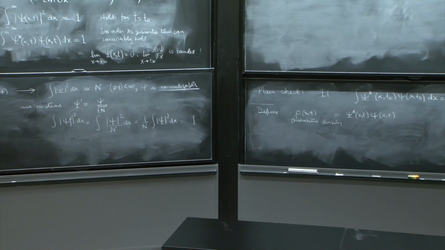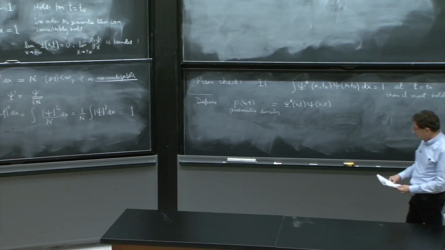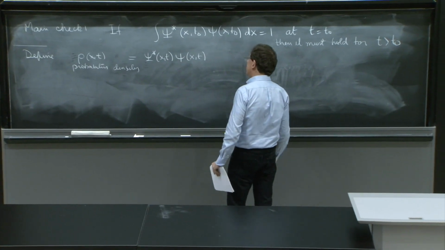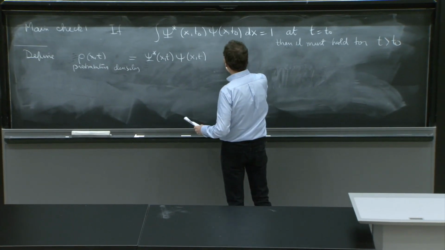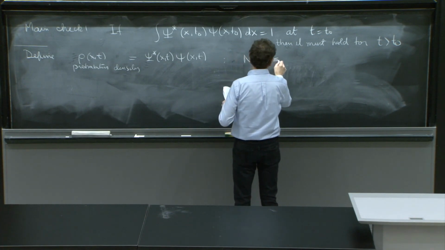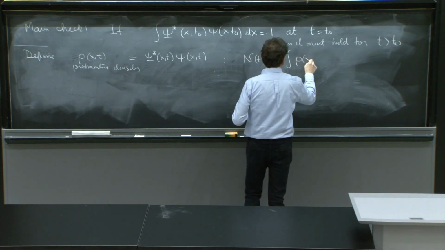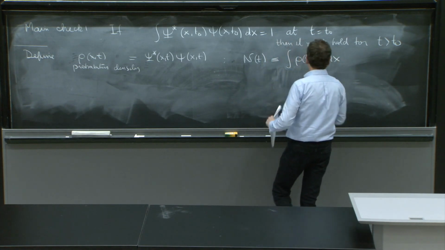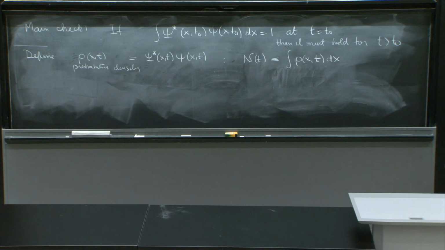Fine. What do we know about this probability density? That we're trying to find about its integral. So define next N of t to be the integral of rho of x and t dx. Integrate this probability density throughout space.